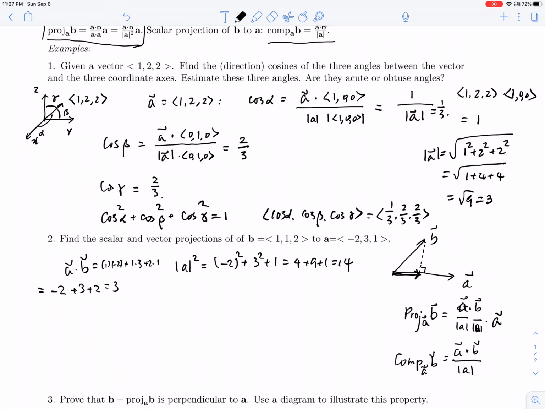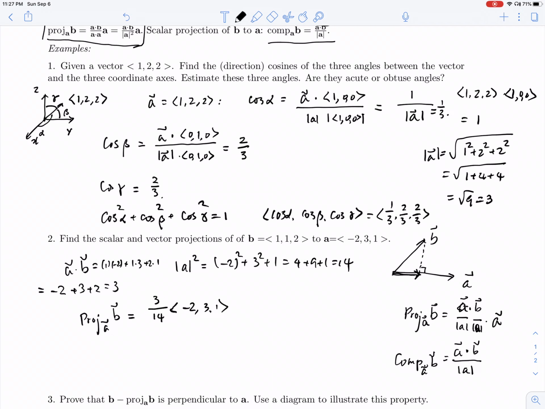So we have the projection of B in the direction of A. That's going to be 3 over 14. And here, because of vector projection, we have -2 and 3 and 1. Okay, and you can multiply the constant through or not, but that's not going to be a problem.